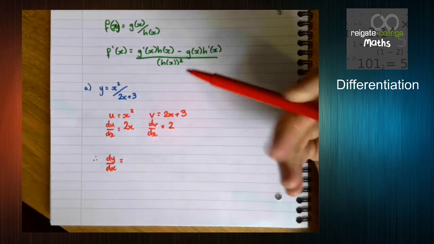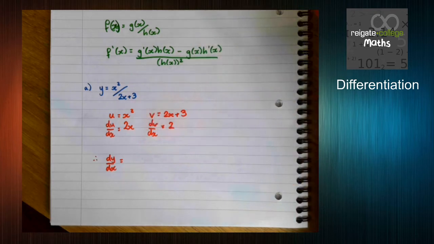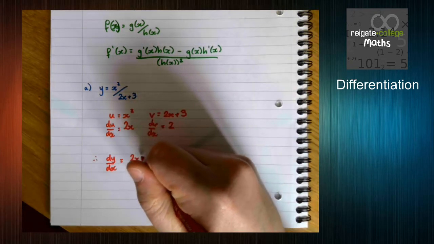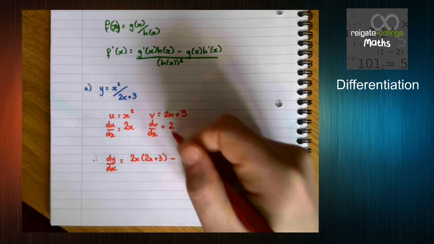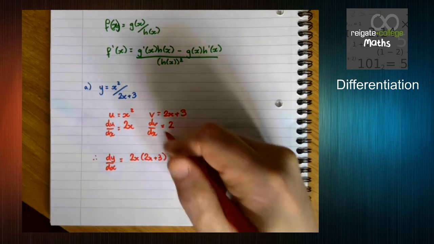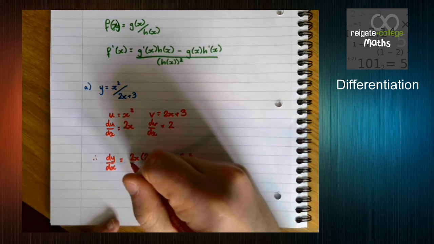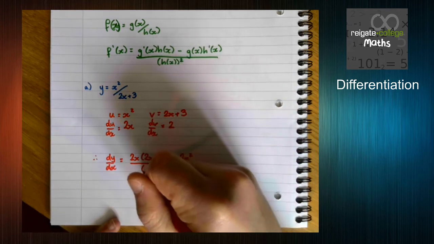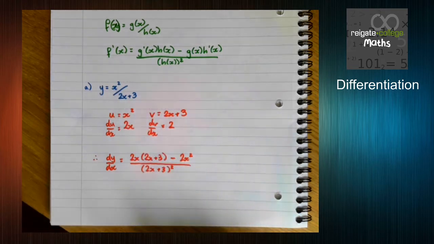So now using our formula, we've got v du minus, careful with the minus, u dv over v squared.